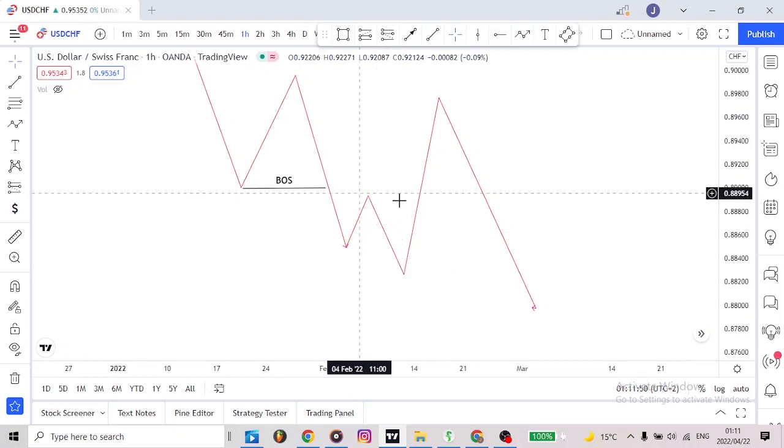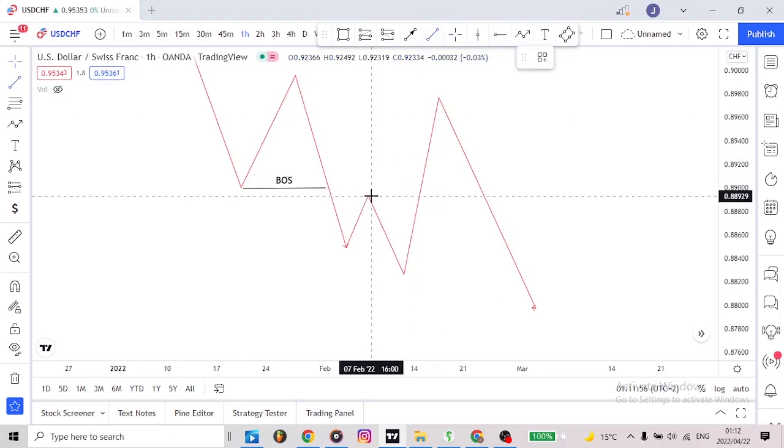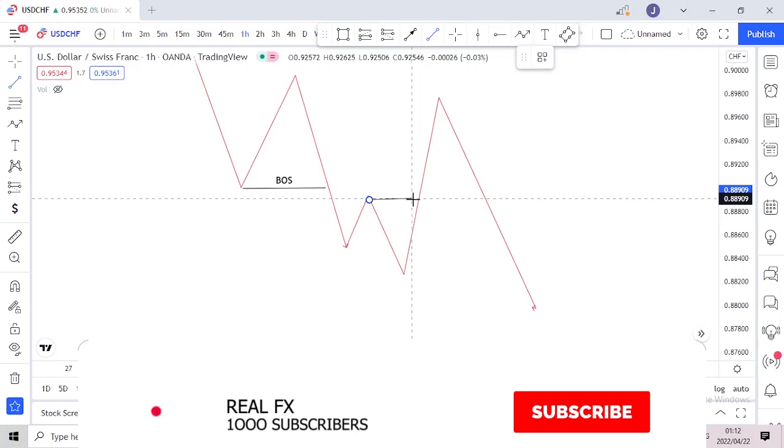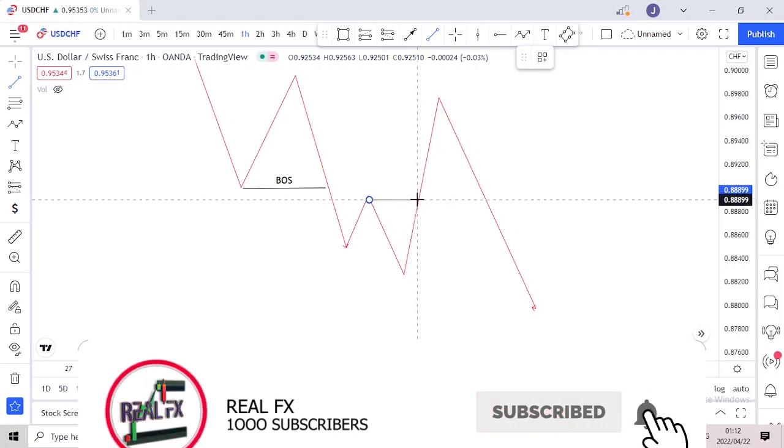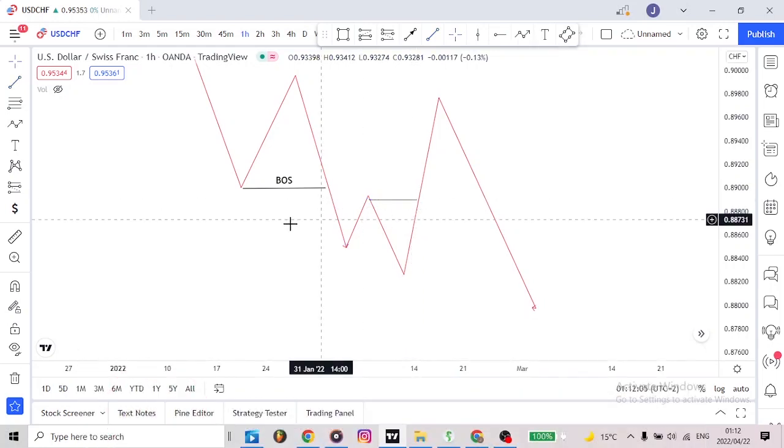After seeing this high being taken out, someone will then come and mark this here as a change of character.